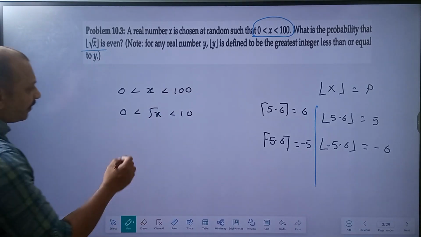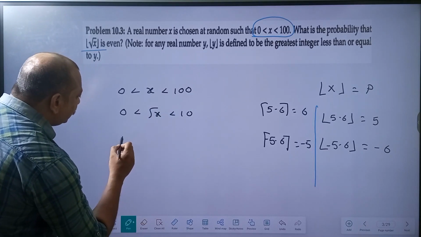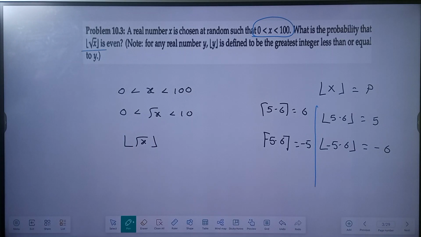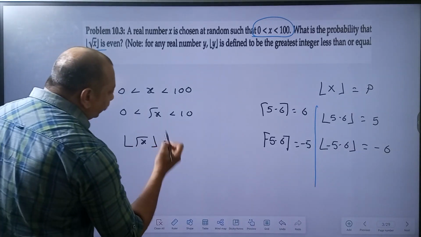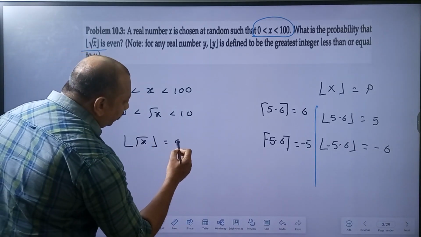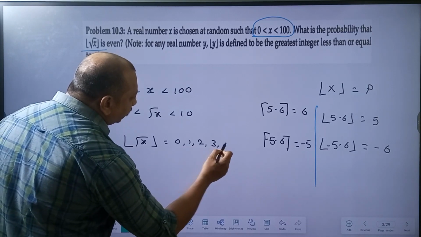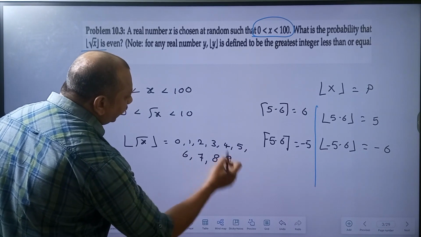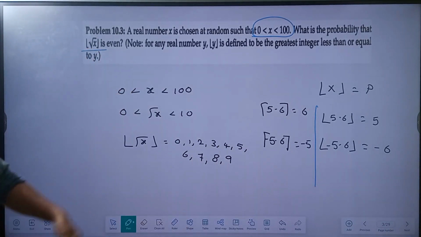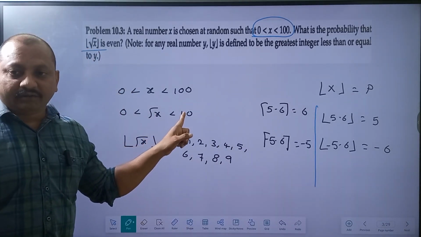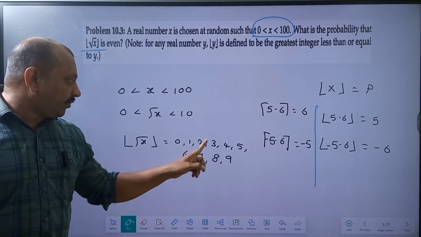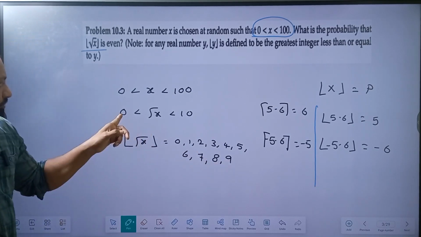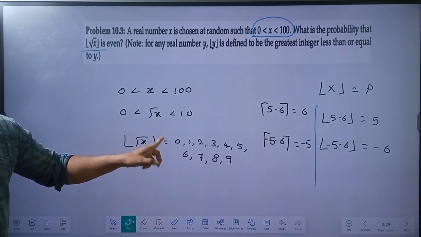Step of root x, or floor of root x, is an integer, and the corresponding values can be 0, 1, 2, 3, 4, 5, 6, 7, 8, 9. Is 10 possible? No, root x is definitely less than 10. So 0, 1, 2, up to 9. Since it is greater than 0, can we take 0?